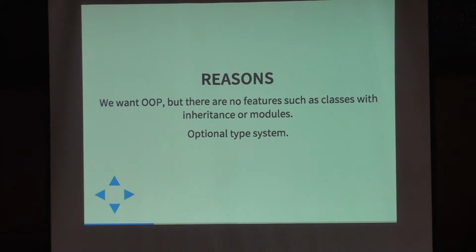We have a special type called any. It means you don't know or you don't want to assign a type for a variable, and you can use any. This is just a simple JavaScript variable, not a real type. Any is not a real type, but you can use it.